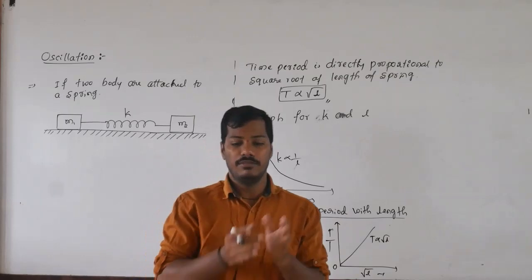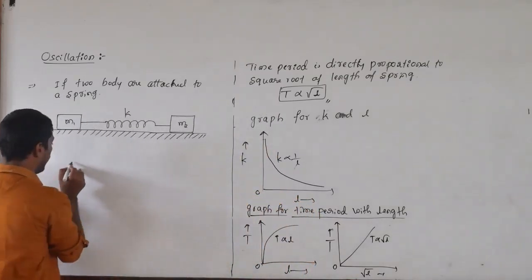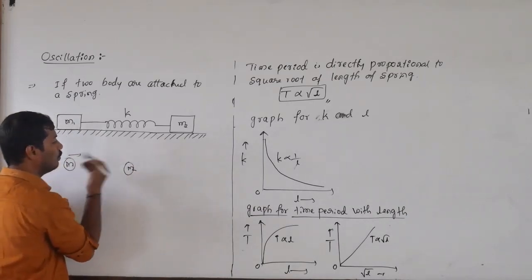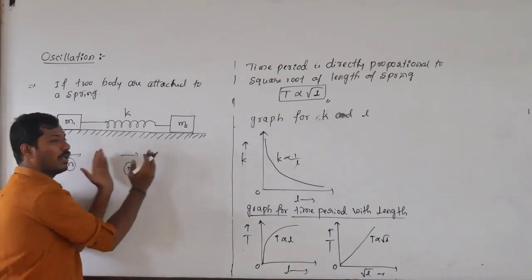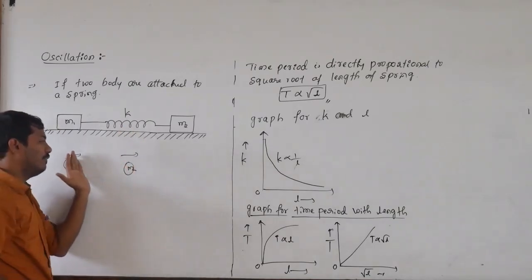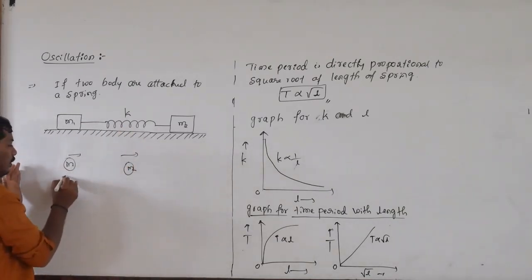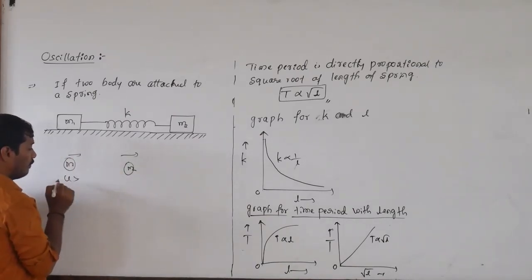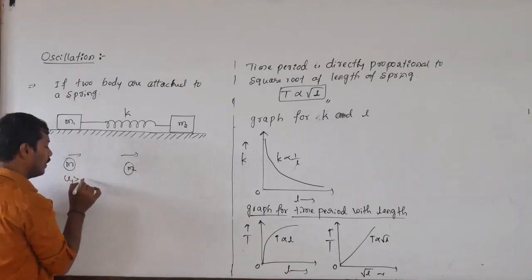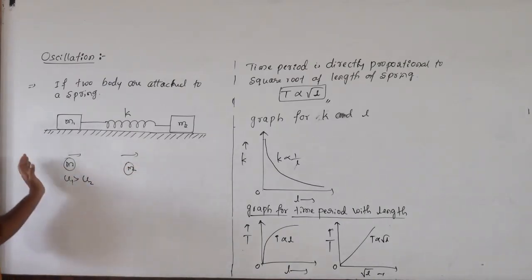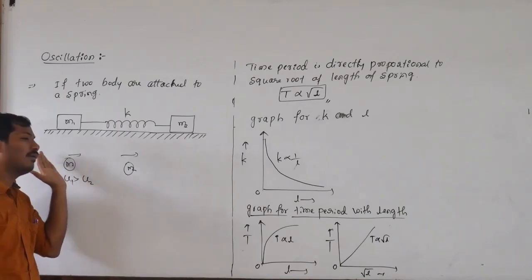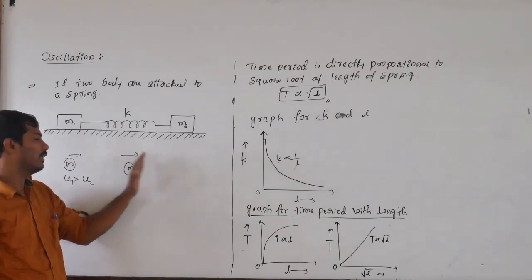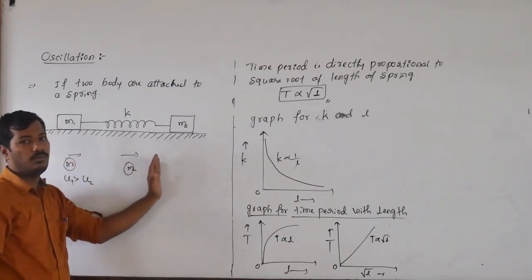If one body is M1 and another body is M2, and both are moving, the initial velocity of the first body, U1, is more than the initial velocity of the second body. After a certain time, this M1 can hit the M2.